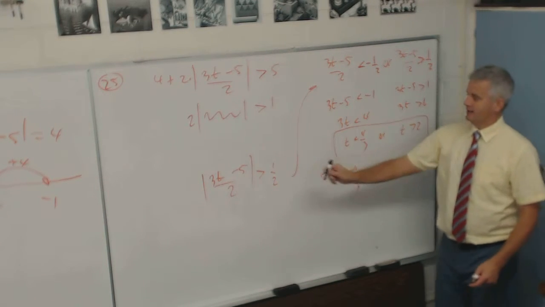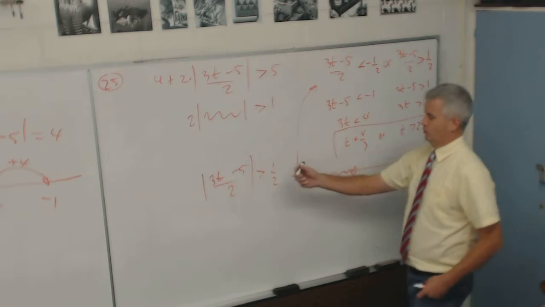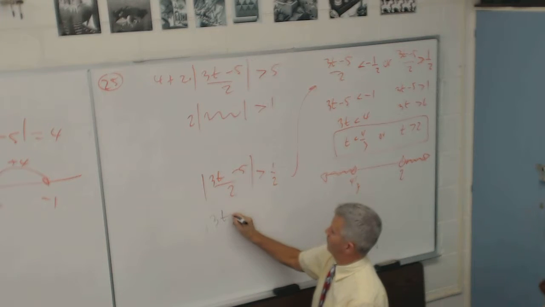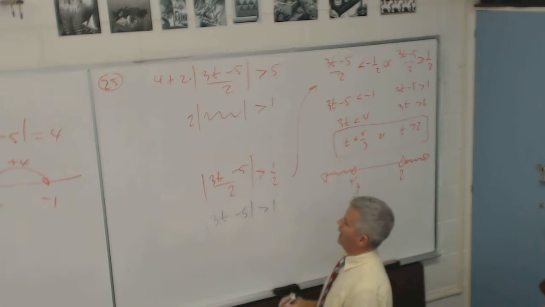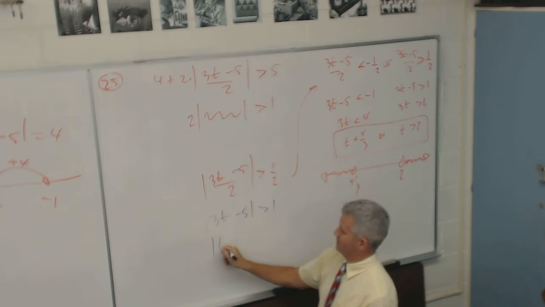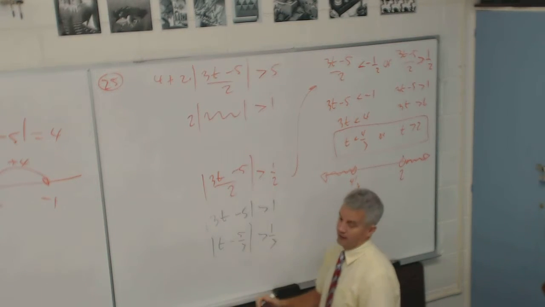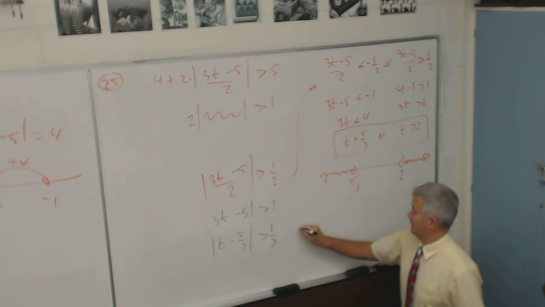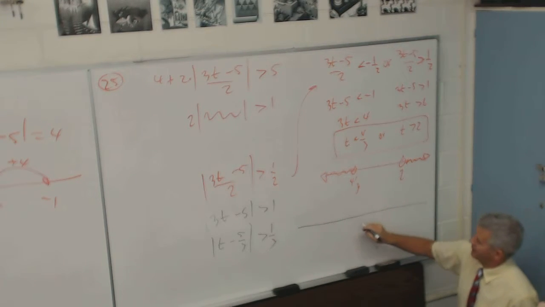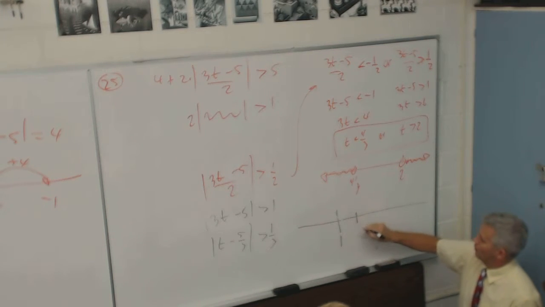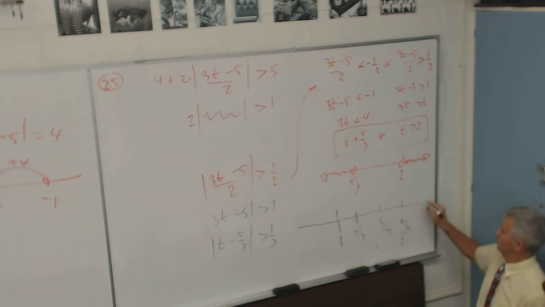Okay, now, interesting, watch this, guys. It's just sort of cool. I'm going to multiply everything by 1/3. So t minus 5/3 is greater than 1/3. And I'm going to do my number line, and let's see, there's 1, 4/3, 5/3, 6/3, which is 2.